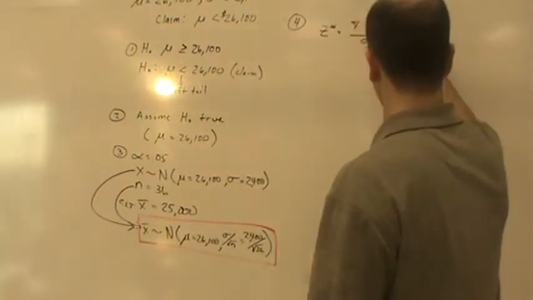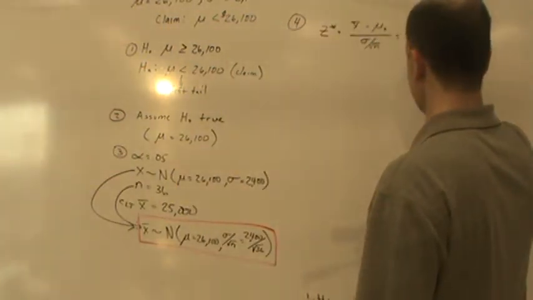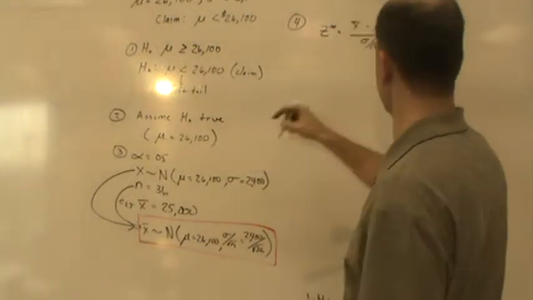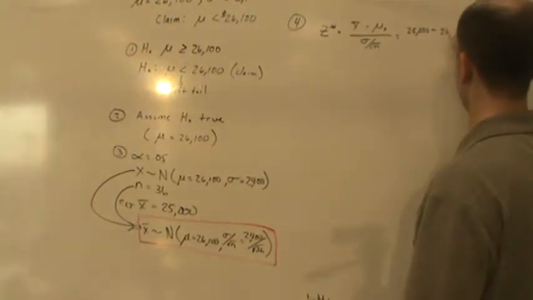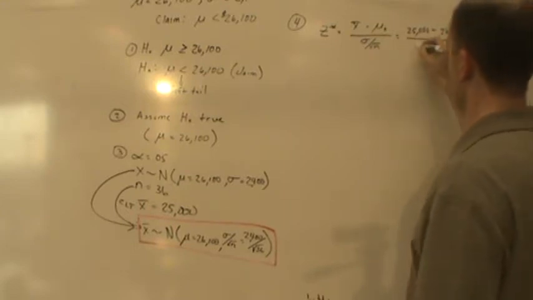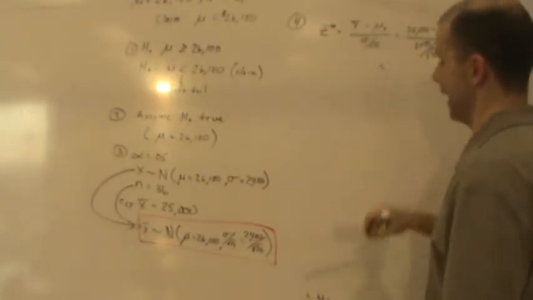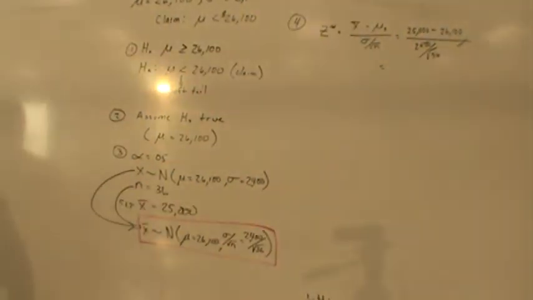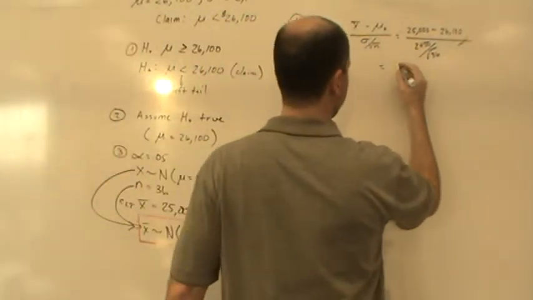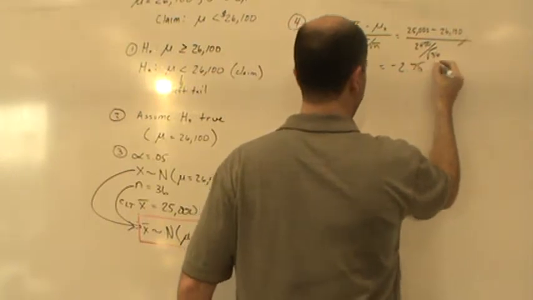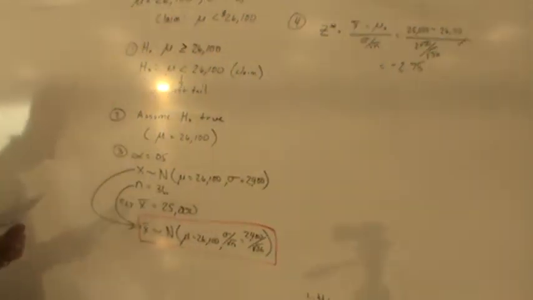And so x bar is 25,000 minus mu naught, which is 26,100, divided by 2,400 divided by the square root of 36. And so what do we get for our critical value? Let's find out. You get negative 2.75. So you get negative 2.75 for your test statistic.